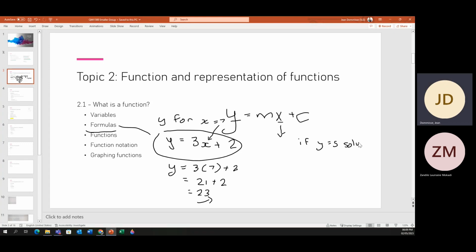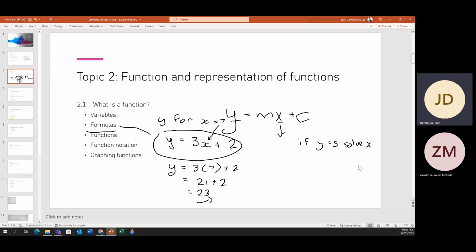So they don't always have it that you substitute the x. They can also have it the other way around. So if y is 5, then the formula looks a bit different, and what we need to do becomes a bit different as well.